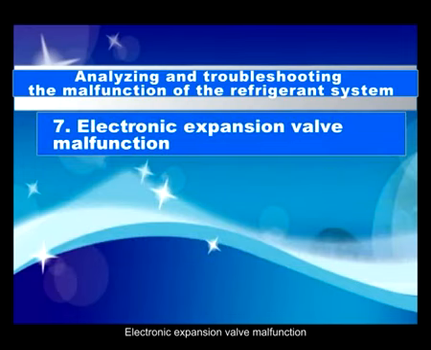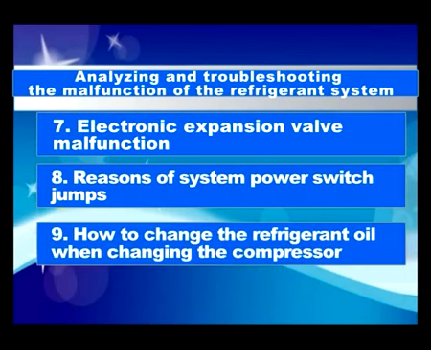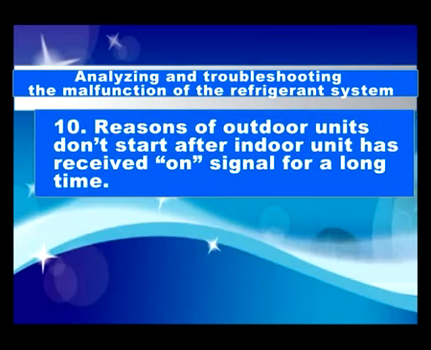Electronic expansion valve malfunction. Reasons of system power switch jumps. How to change the refrigerant oil when changing the compressor. Reasons outdoor units don't start after indoor unit has received on signal for a long time.